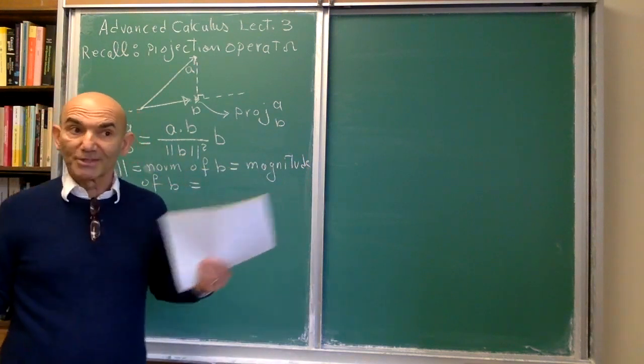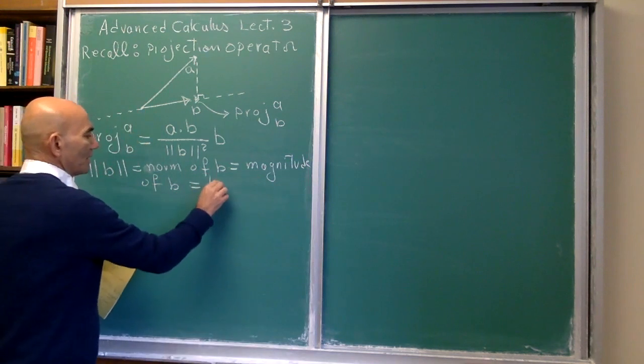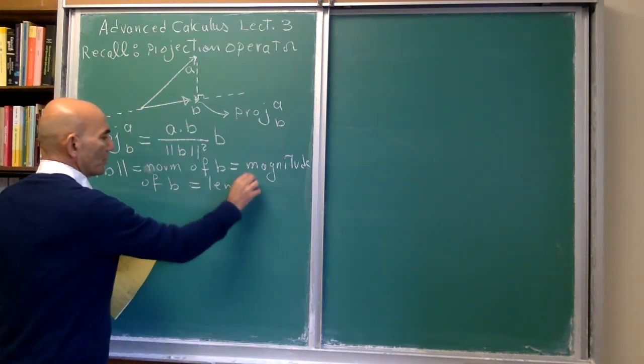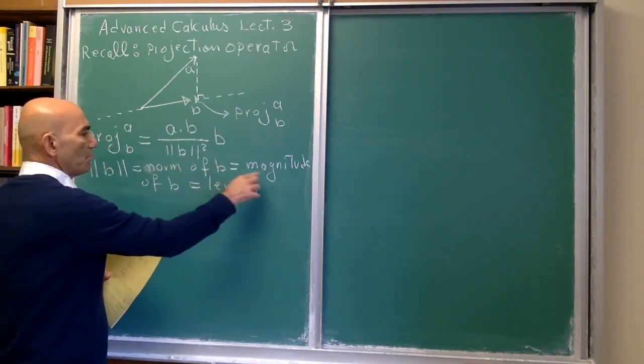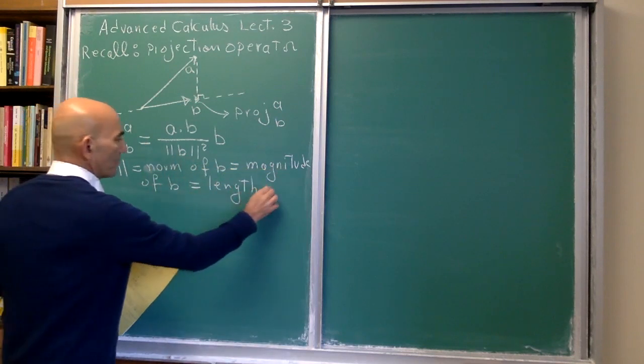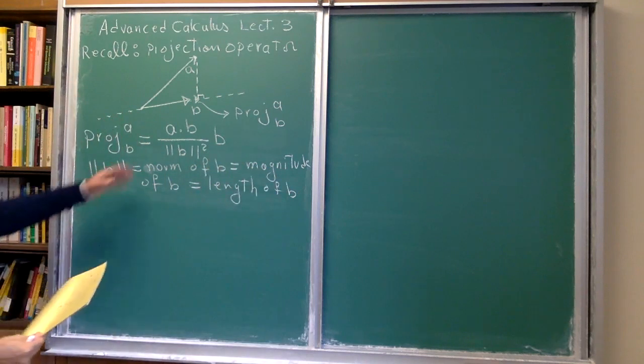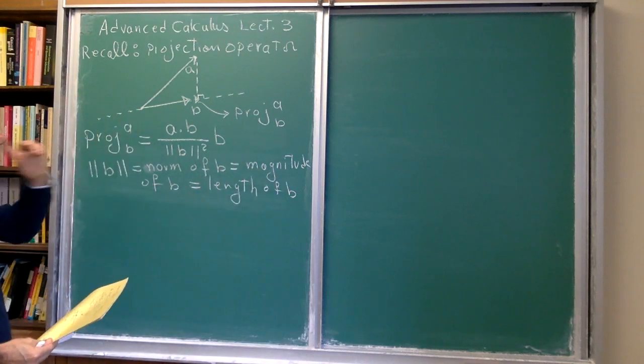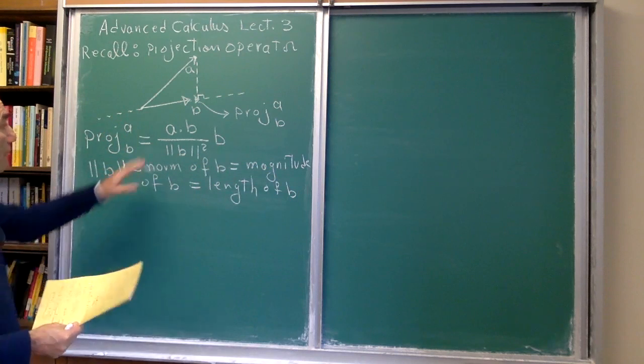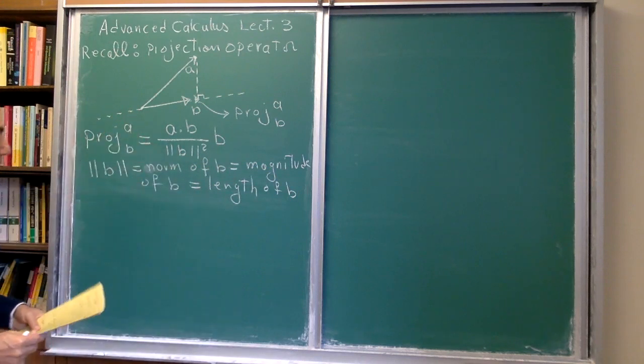Geometrically, it's just length. So you can call the same notion by three different names: norm of B, magnitude of B, or length of B. It doesn't matter. That's the formula. We derived this formula using the definition of dot product and all that. So that was the formula.